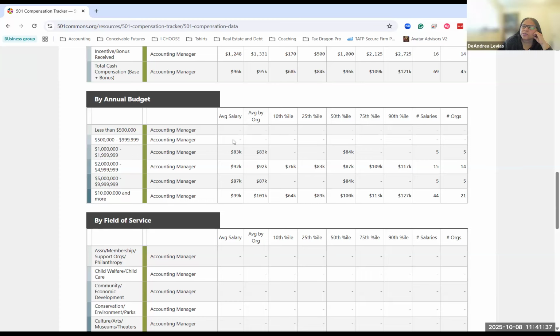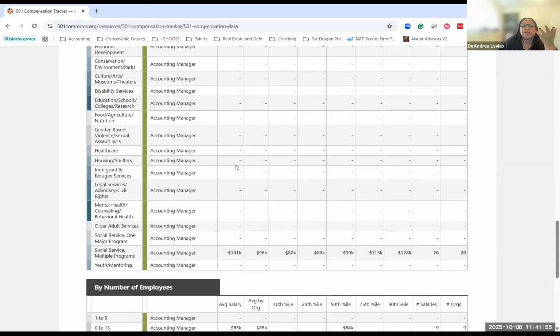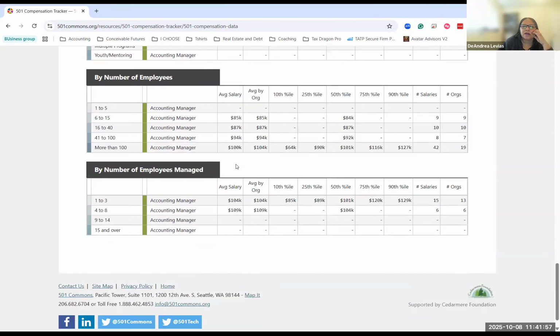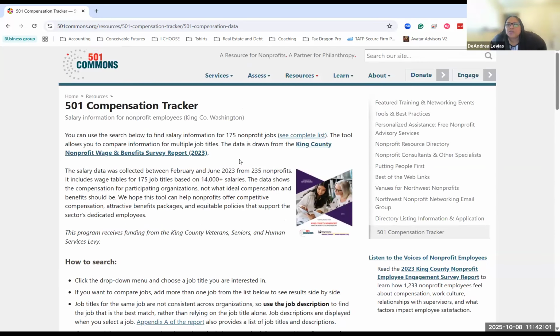There's another resource that you can use that's similar that will give you salary ranges for different positions. It's escaping my mind right now, but I'll remember it and include it in the resources that I send. Okay, thank you. You're welcome. Again, you see it is not all inclusive. It's a good start, but there are other tools that you can use out there as well.